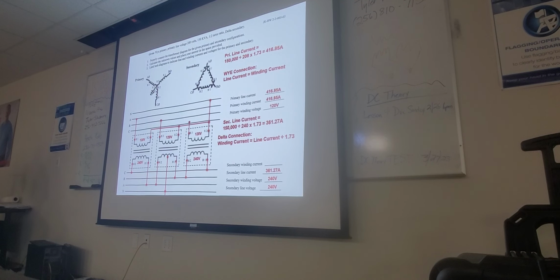Just remember this: in a delta, your line current is going to be bigger than your winding current, because it's the whole kit and caboodle. In a Y, your line voltage is going to be greater than your winding voltage.